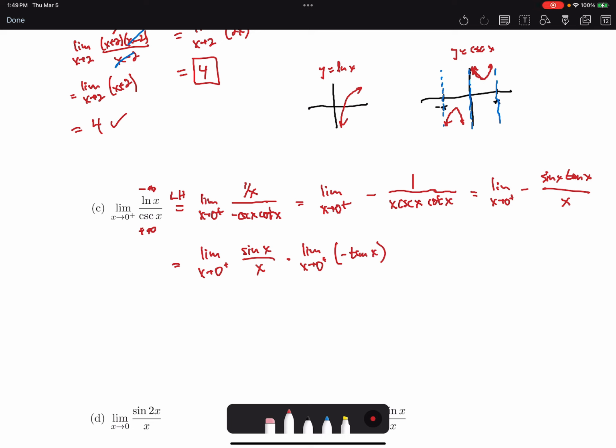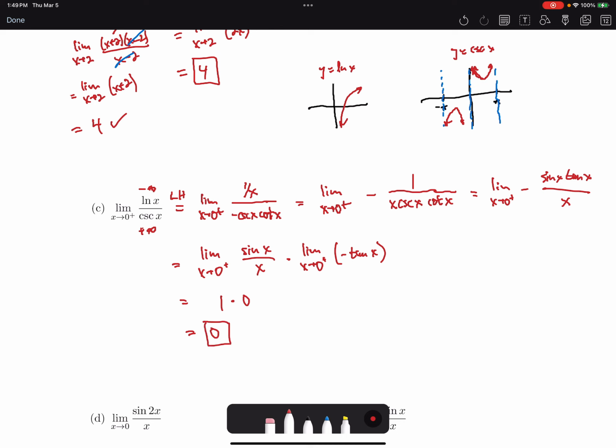I'll absorb the negative sign into that piece of the puzzle. Because the limit as x approaches 0 of sine x over x is just 1, and the limit as x approaches 0 of tangent x is just tangent of 0, which is 0, right? So this is just 1 times 0, which is 0.